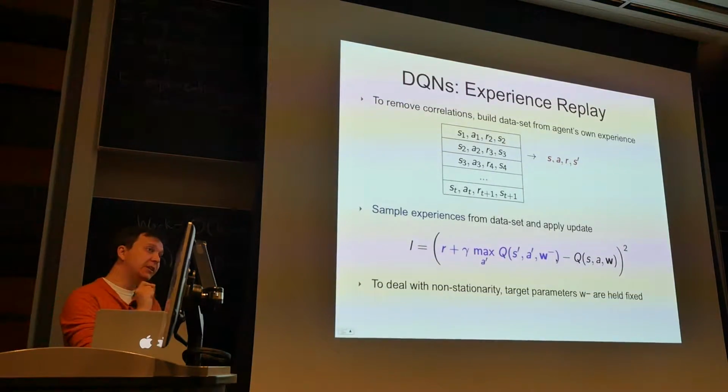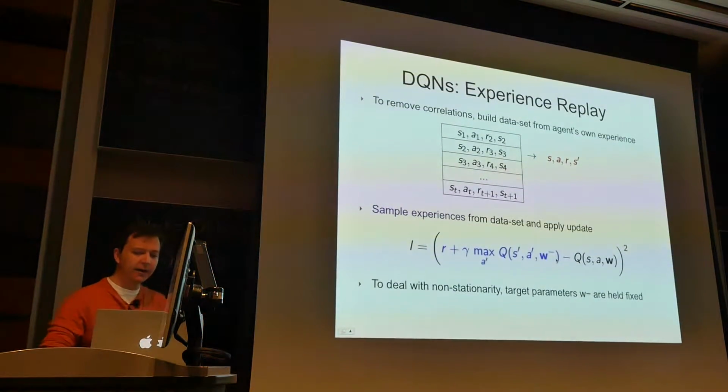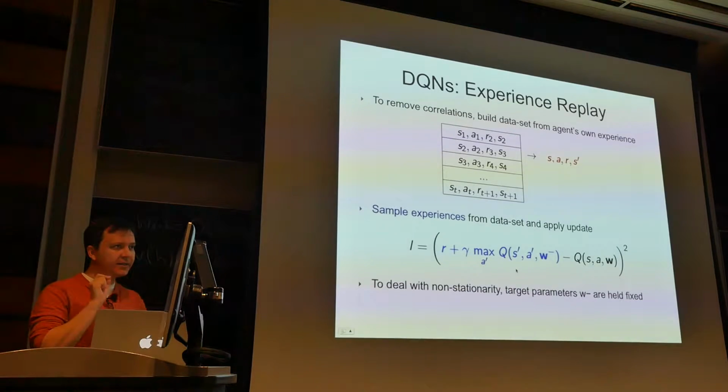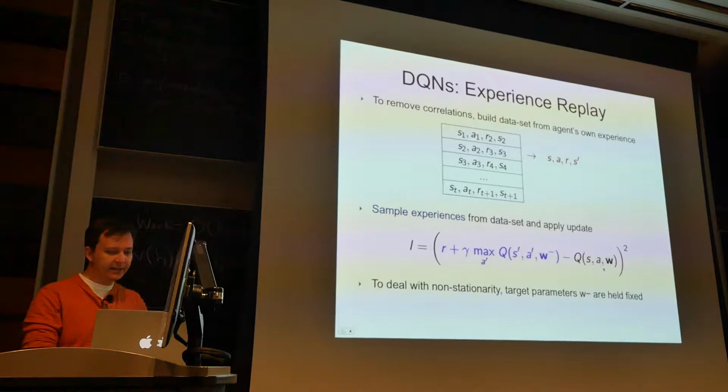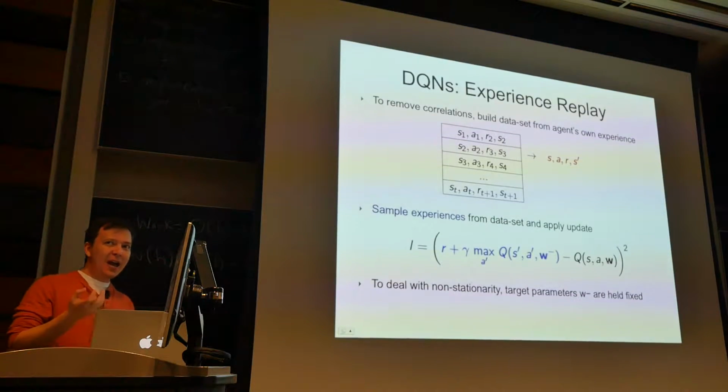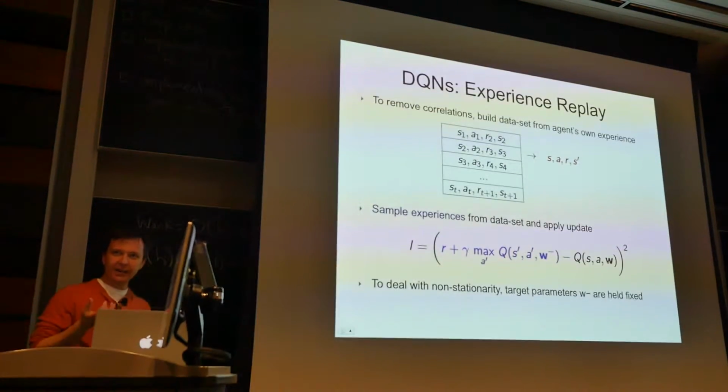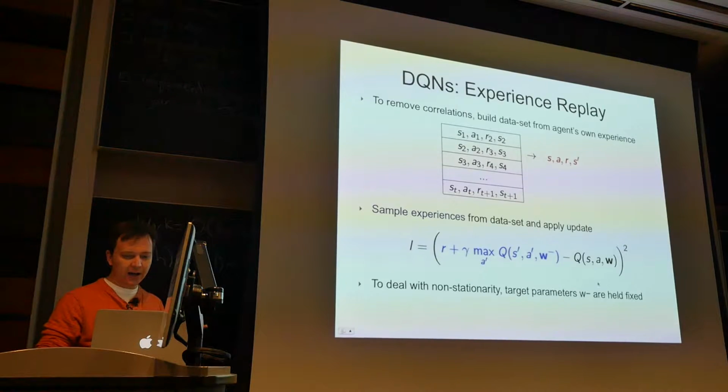The parameters of the target network are held fixed while you're updating the parameters of your Q network. It's almost like you have two networks. When you're updating your Q network, you're holding the W tilde fixed, and this is your target network.